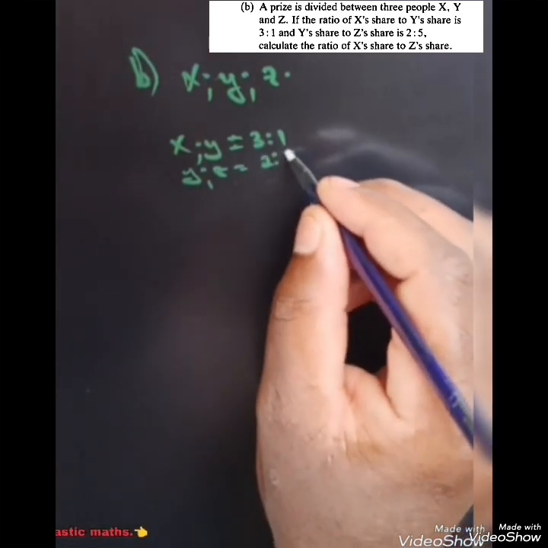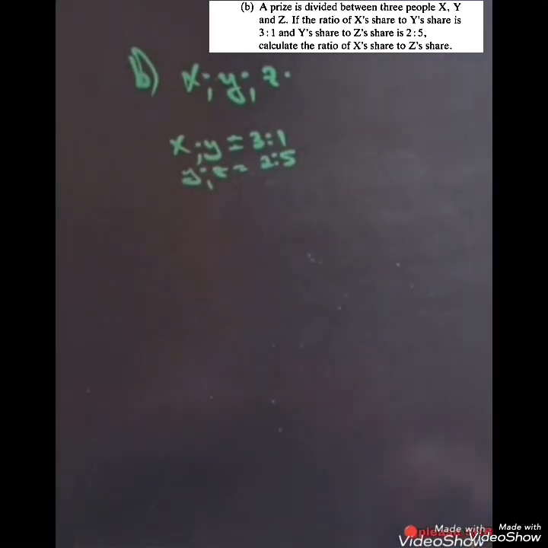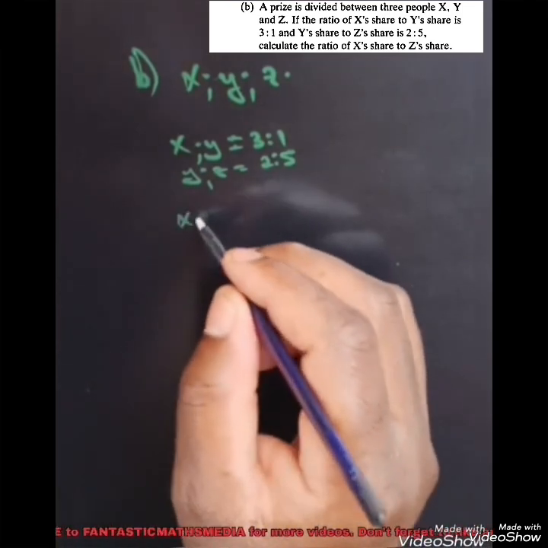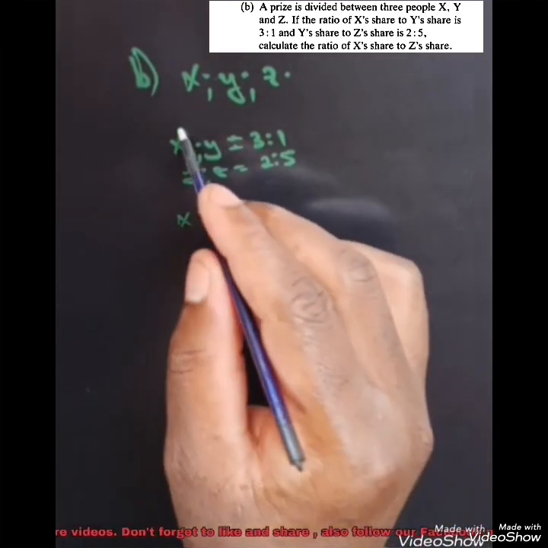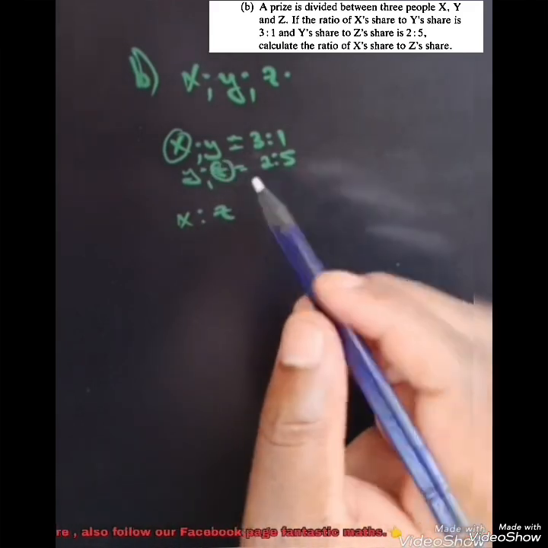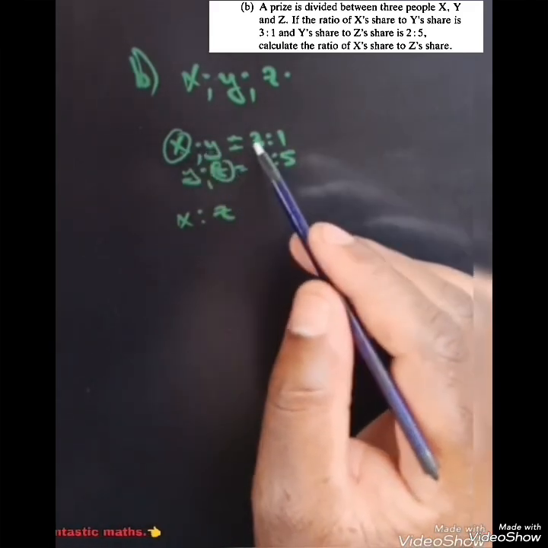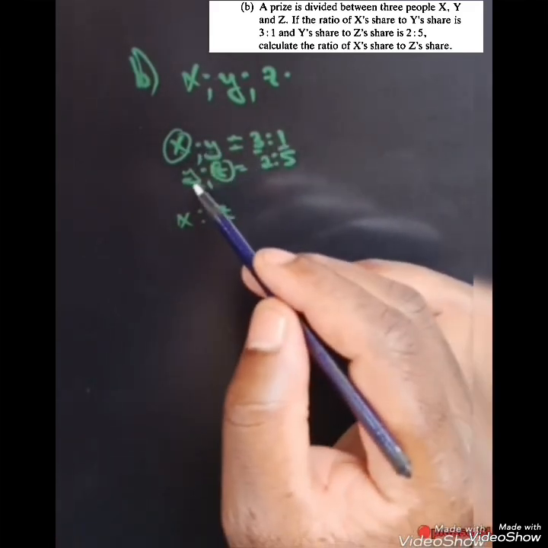If you see now, Y appears on both sides, so we need to calculate the ratio of X to Z.